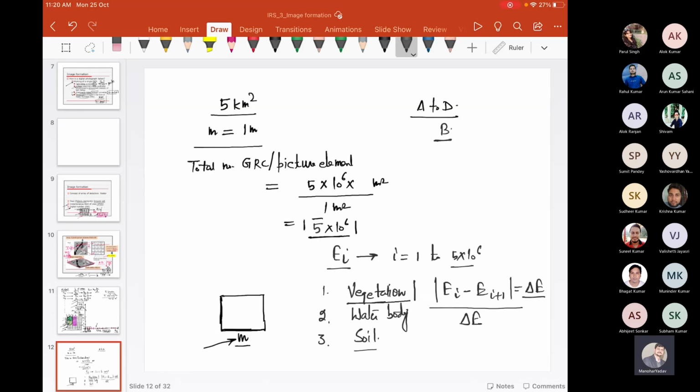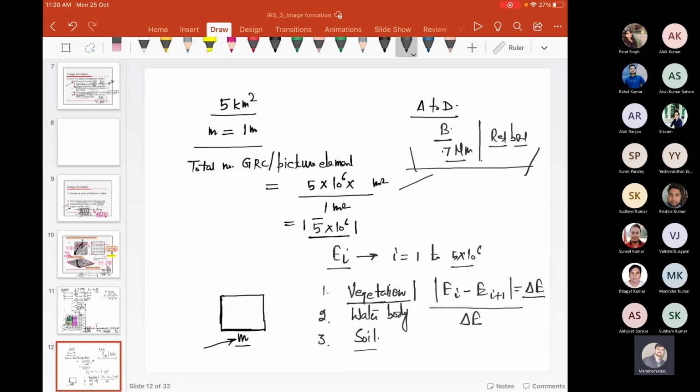Let's say that band is around 0.7 micrometer. It's 0.7 micrometer means it is around the red band. This is for example. Okay.